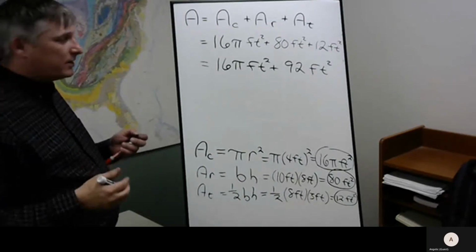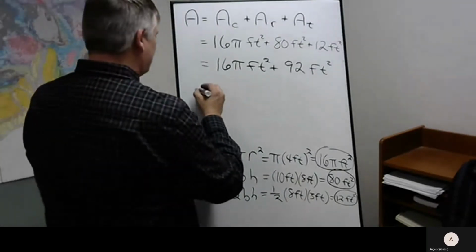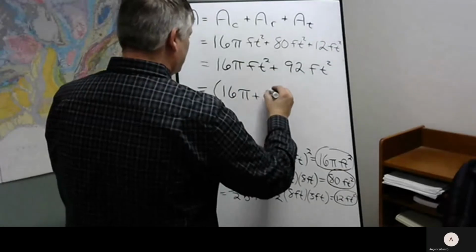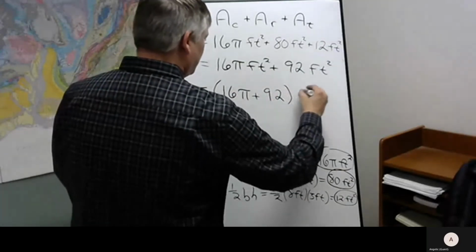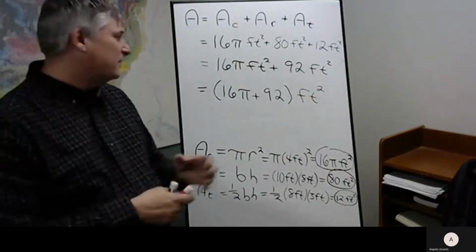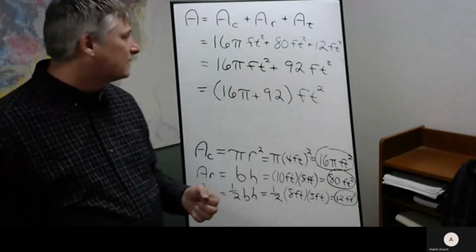And if we want, we could put this in parentheses. We can call this 16 pi plus 92 feet squared. Again, this is an algebra thing, like we factored out the feet squared.